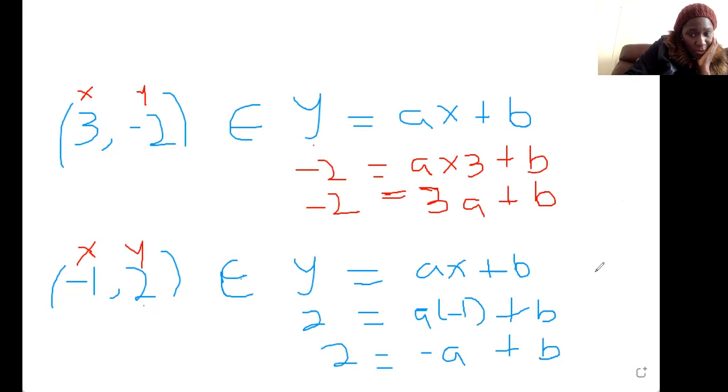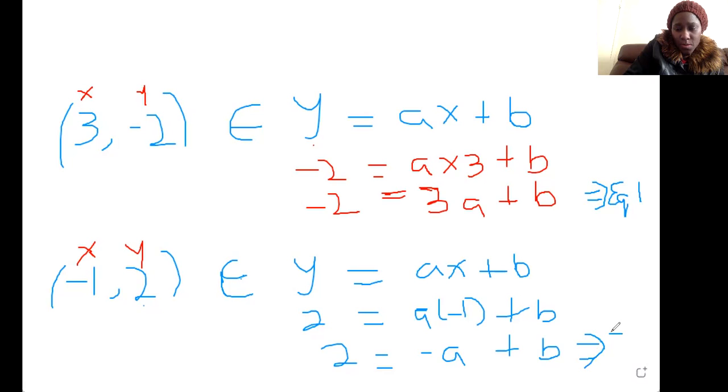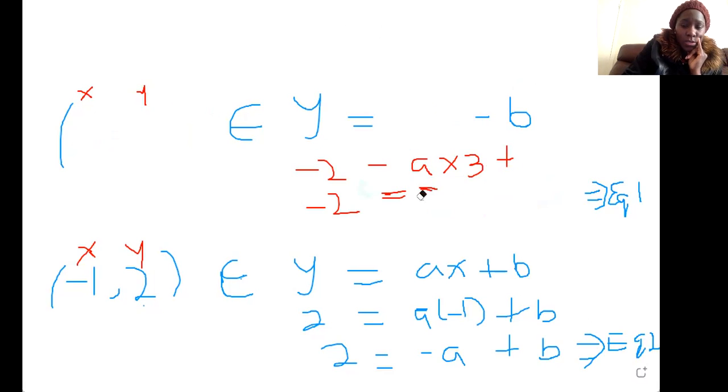I call it equation 1, EQ1, and I call this equation 2, EQ2. Okay, so I'm going to rub the board now so we can go to the next thing to do. That's quite easy.